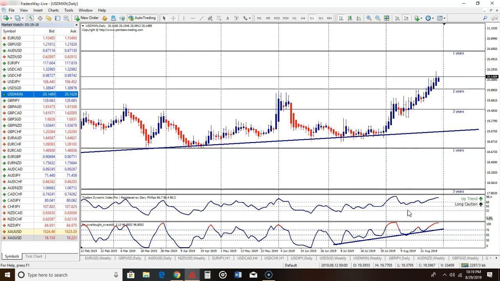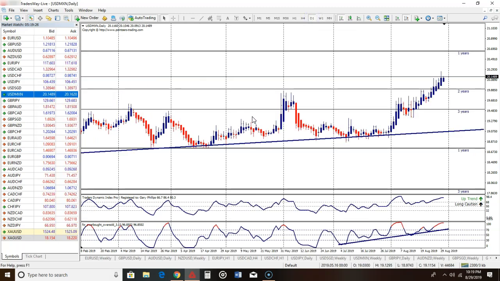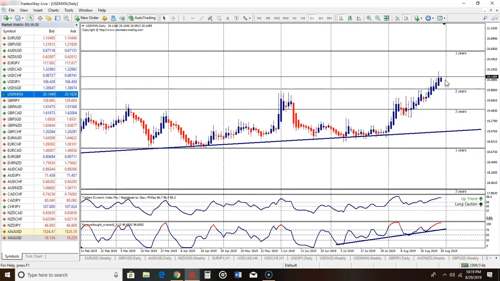But the point I want to make to you guys is that, being that you know the trend direction on the weekly and momentum to the upside, it gives you a great indication of what you want to be looking for on the daily chart. You can look for two things. You can look for price to continue on to that level of resistance, and then examine it to get an idea on whether you think price is going to turn around.